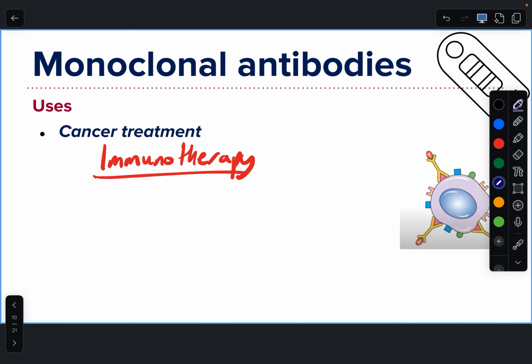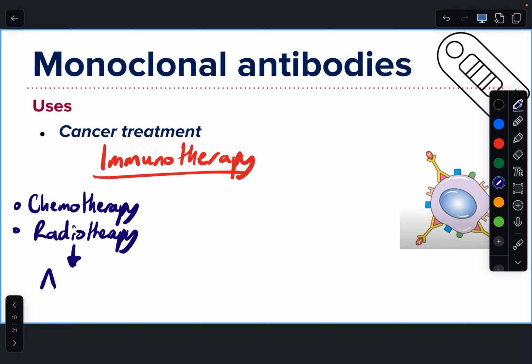So hopefully you're all aware that historically, the 2 main treatments for cancer are chemotherapy and radiotherapy. As much as chemotherapy and radiotherapy are incredibly effective, they target all cells.